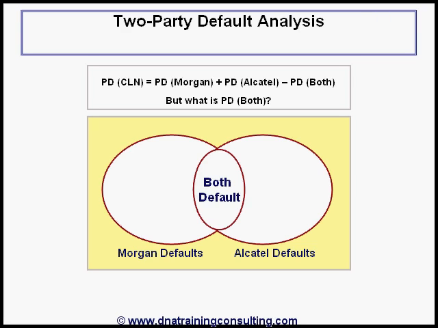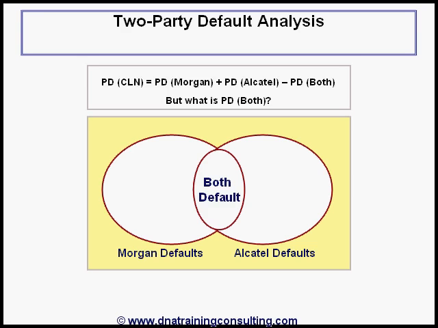Since the default probability of the CLN is represented by the total area in white, namely when either Morgan defaults or when Alcatel defaults, and since those two white areas have been shown to overlap here, since there could be some cases in which they both default, it is necessary to subtract the joint default probability of Morgan and Alcatel. Otherwise we would have counted this particular item twice in the total calculation.